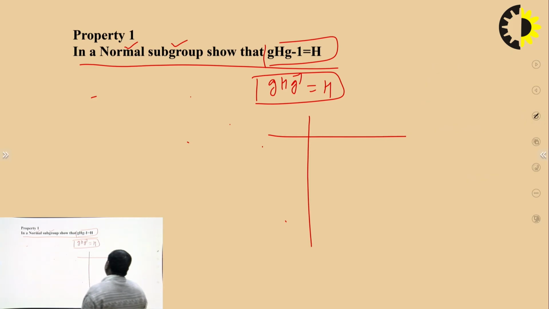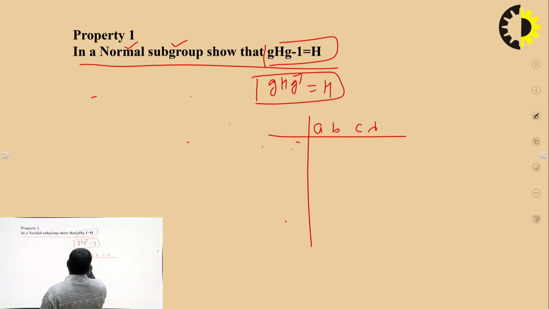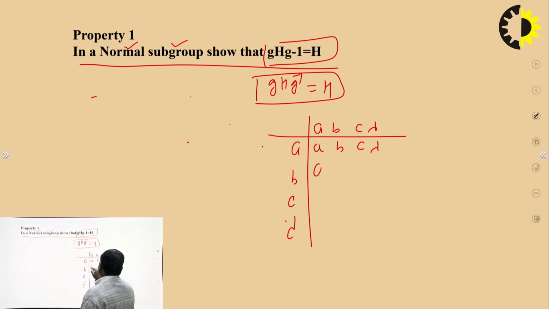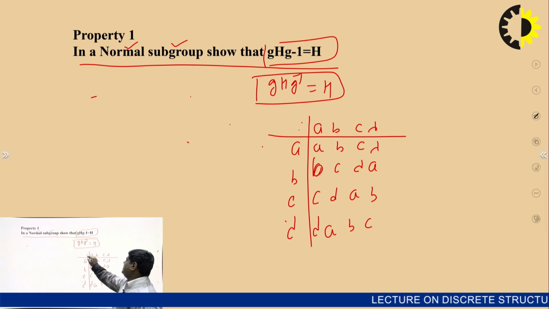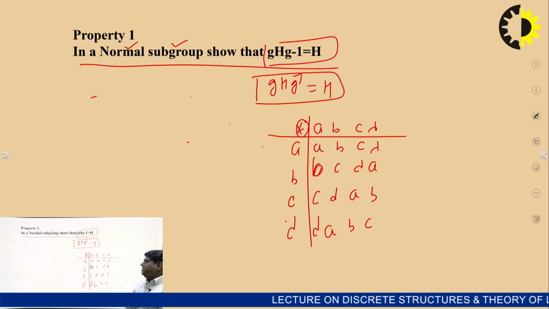Rows: A B C D; B C D A; C D A B. That is very simple. Here it is a binary operation.